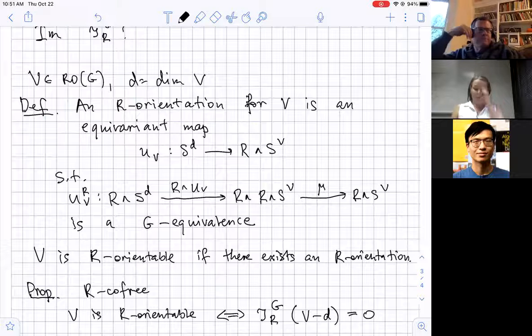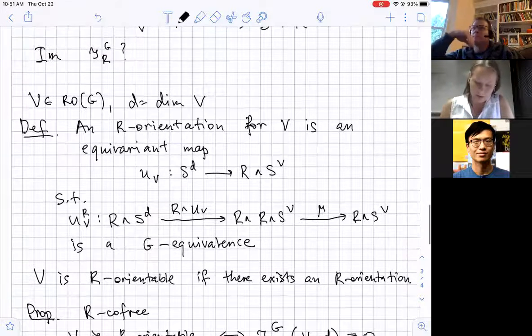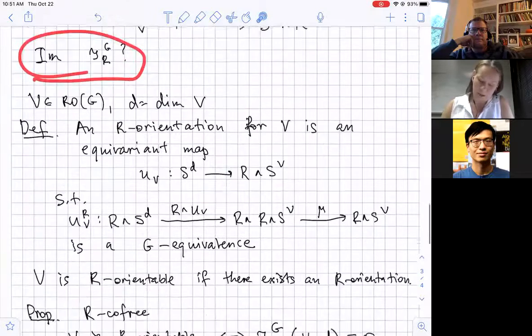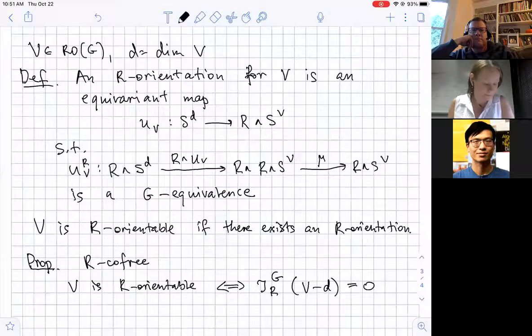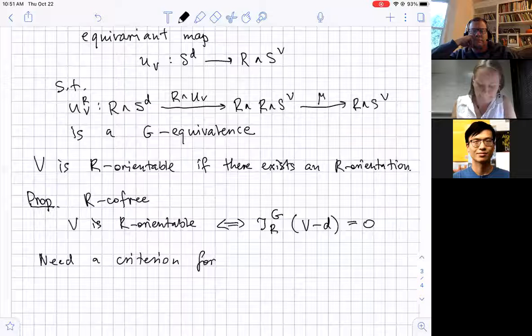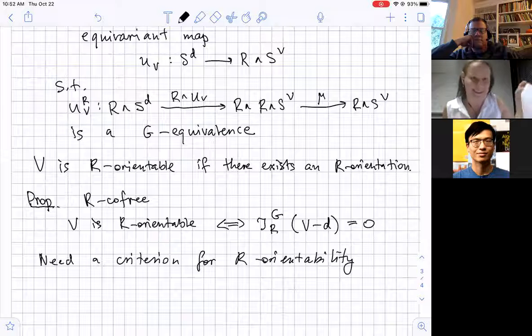Okay, great. So if we would like to compute the image of this JRG map, it would be great if we had a criterion for orientability. Now this is where we get to the computational part of the talk.